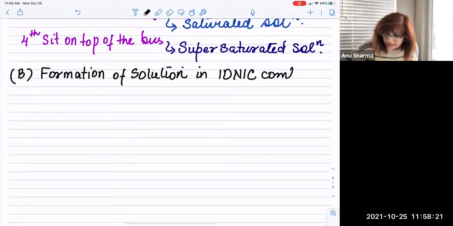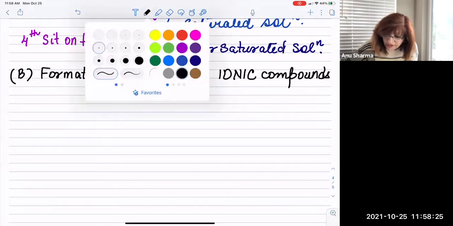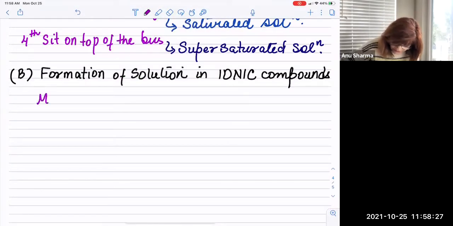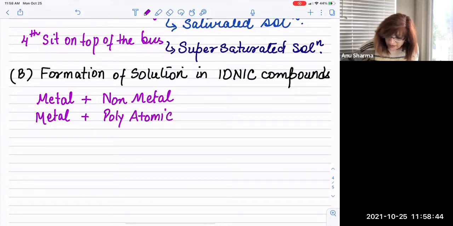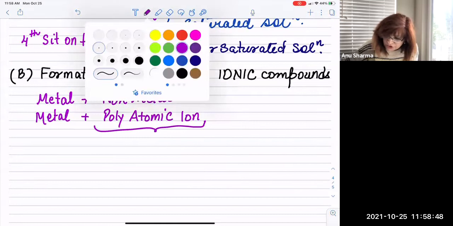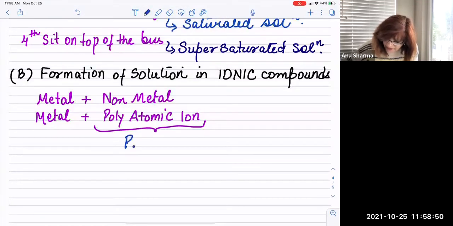Okay, now ionic compounds. Ionic compounds are made up of metals and non-metals. So whenever a metal combines with a non-metal, or a metal combines with a polyatomic ion, and even for polyatomic ion, I'm going to use the short form PAI.